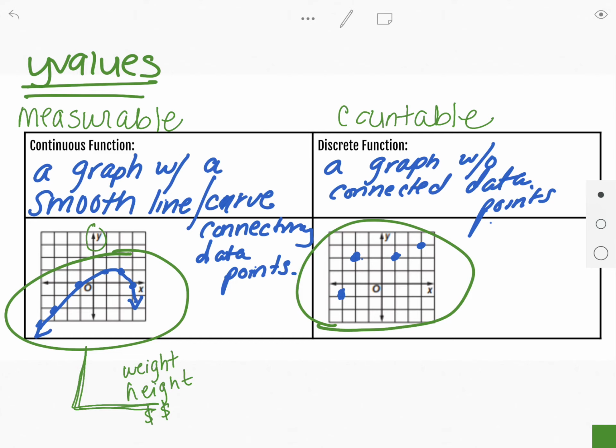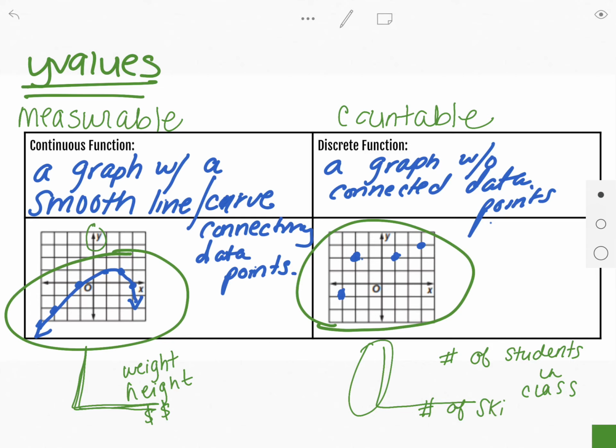If you go over to discrete data and you think about the y values of discrete data, you're going to think about things like the number of students in a classroom, or maybe the number of Skittles in a bag.